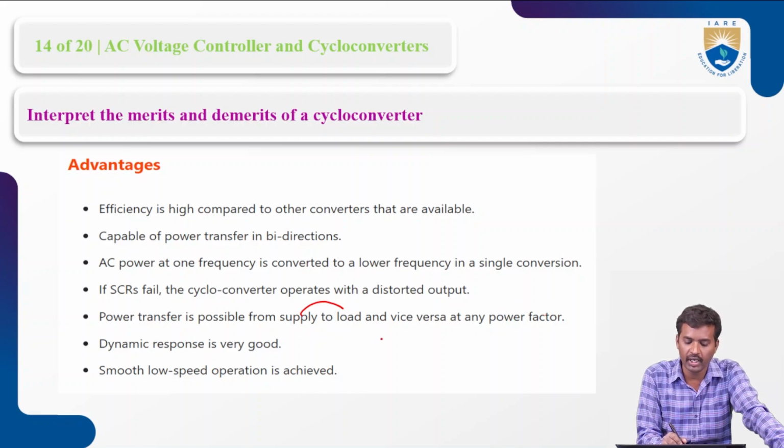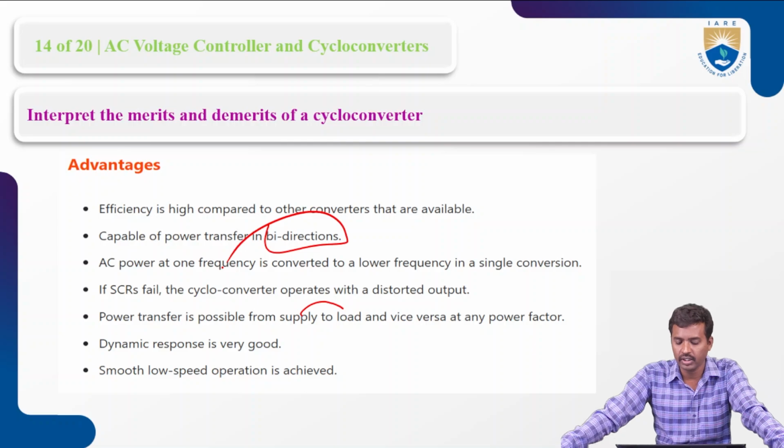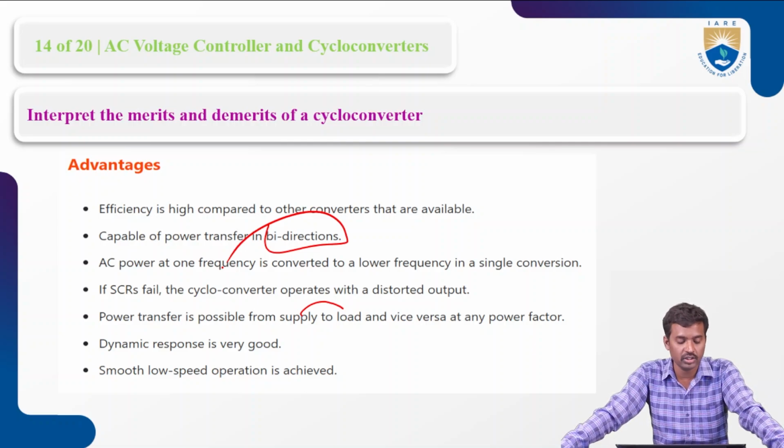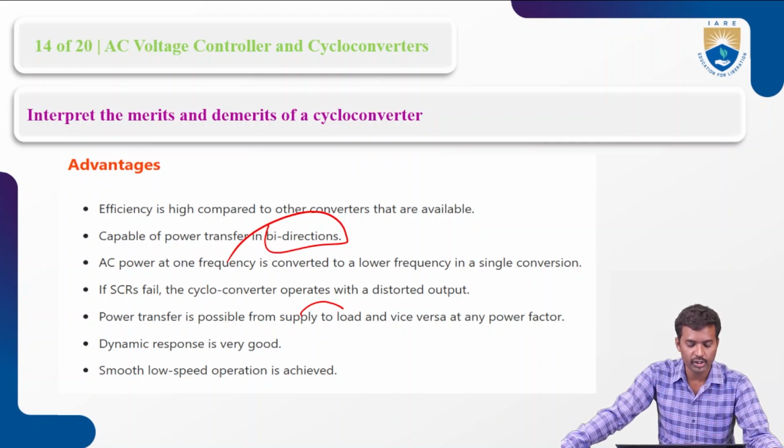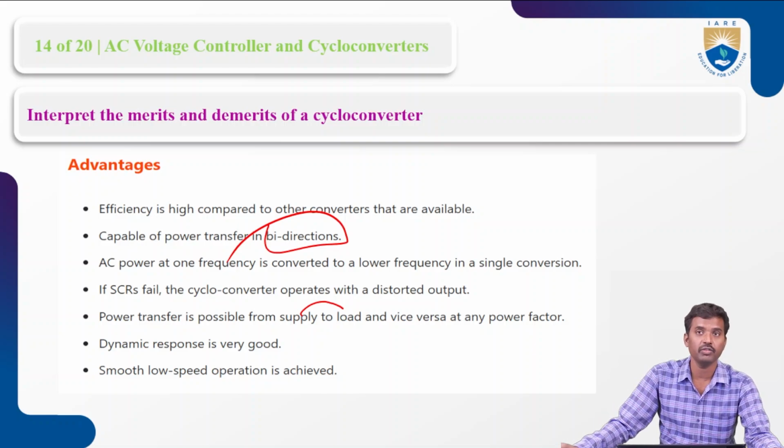So that is bidirectional. Next, operation at any power factor condition is one major advantage of the cycloconverter, the dynamic response is very good, and smooth low speed operation can be achieved using a cycloconverter.